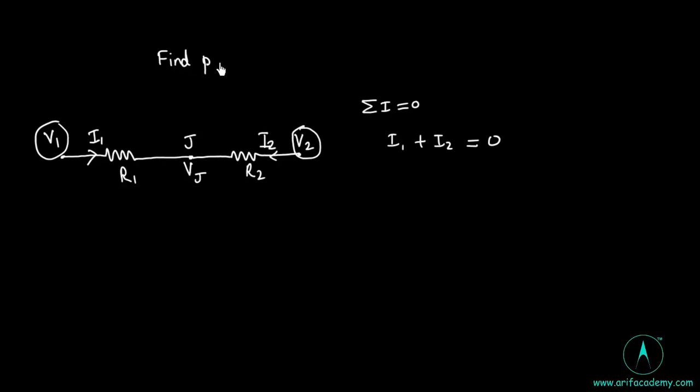Find the potential of the junction, and the potential of this end V1 and this end V2 are given, and the resistors R1 and R2 are also given. So we have to find the potential of the junction.